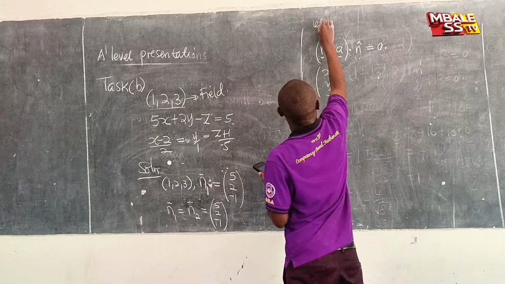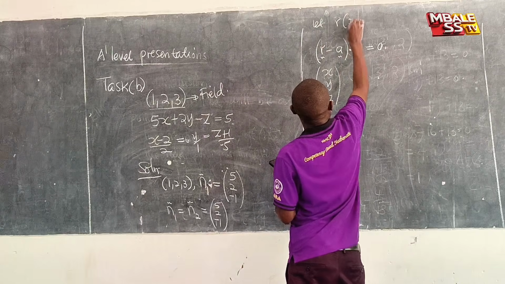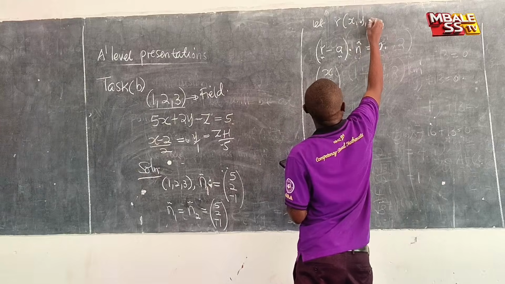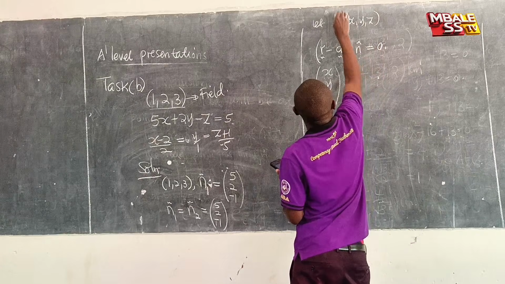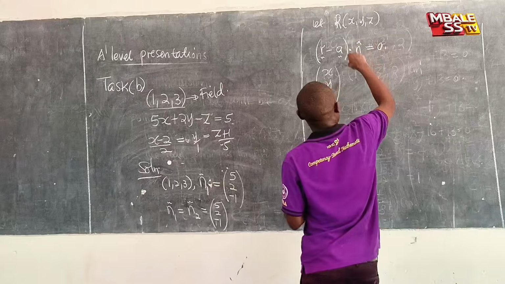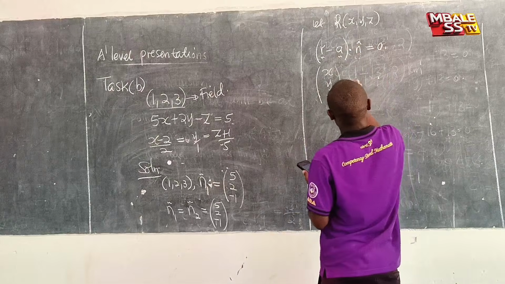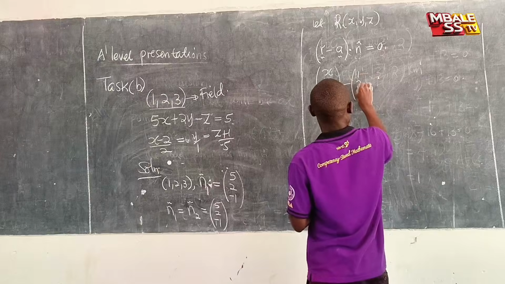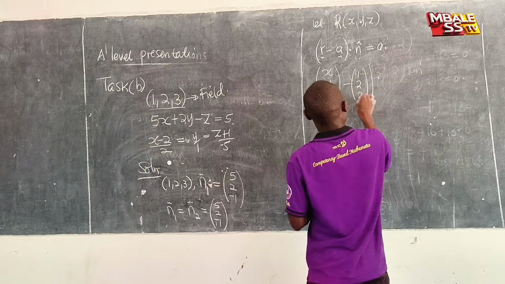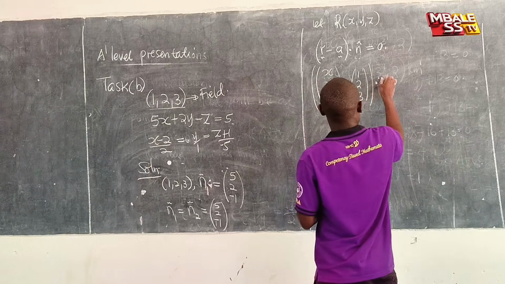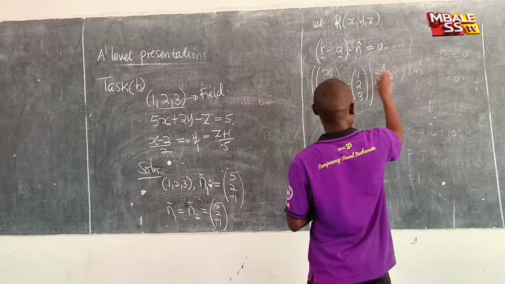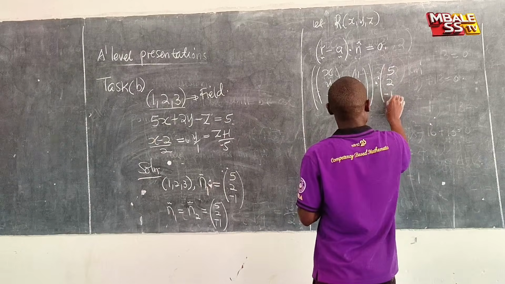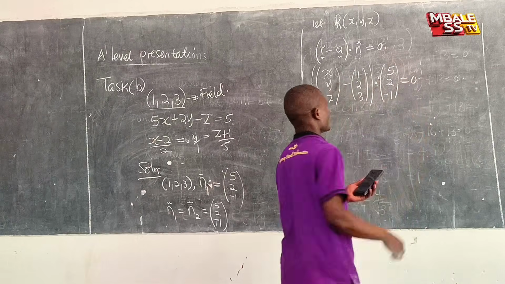I think we need to further define r to be our point x, y, z, capital R. So the small r is this vector here, minus a, our a is 1, 2, and 3. So dot this with the norm, which is 5, 2, and negative 1, giving us a 0.